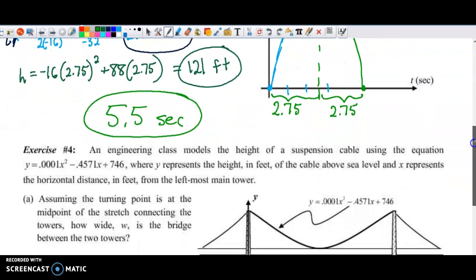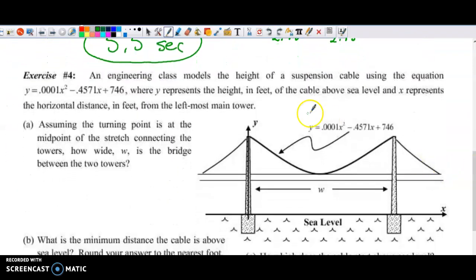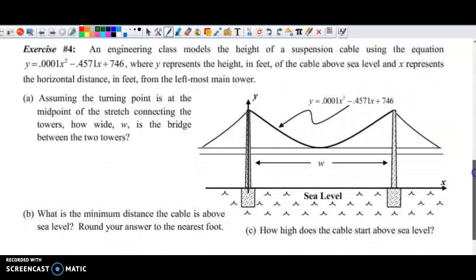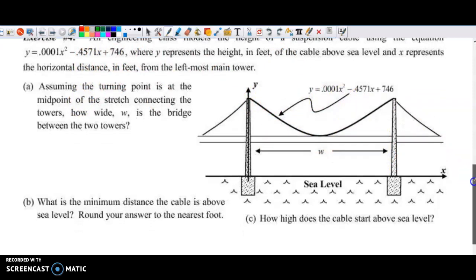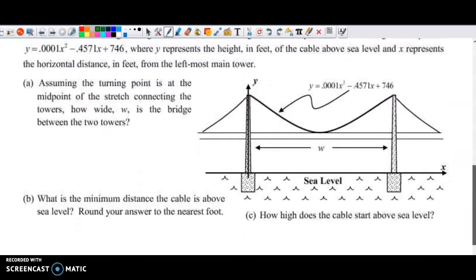And we have one more problem that gives you the equation of this suspension cable on a bridge. And we could answer some of these questions. We can answer a lot of these just based off of what we're doing.